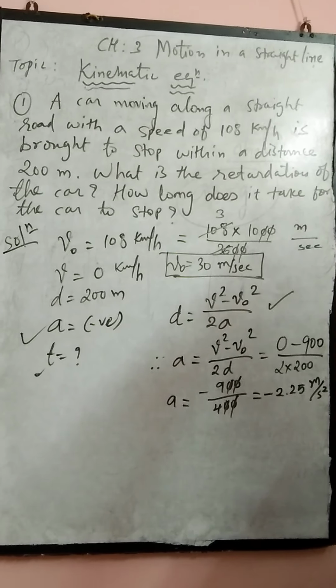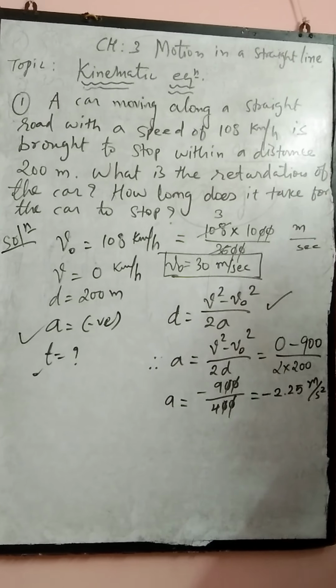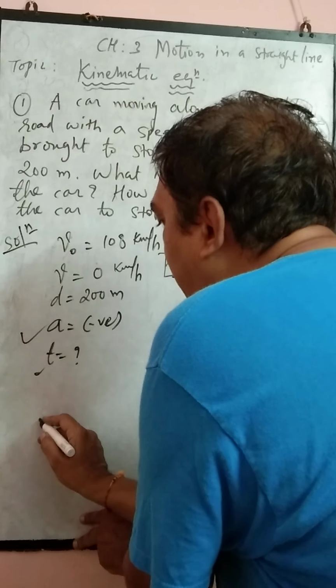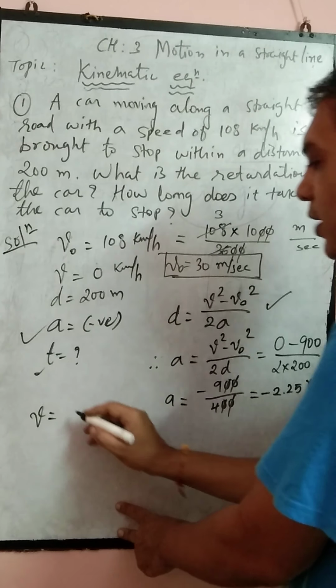Now the second, T, time. We now have A, we have V, we have V naught. So quite obviously this equation is very easy to find out T. What is that?